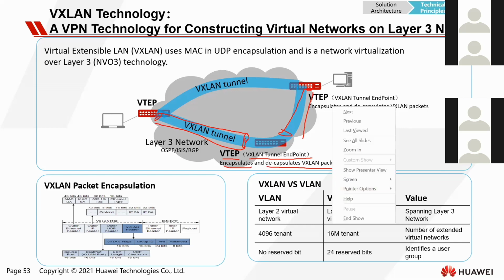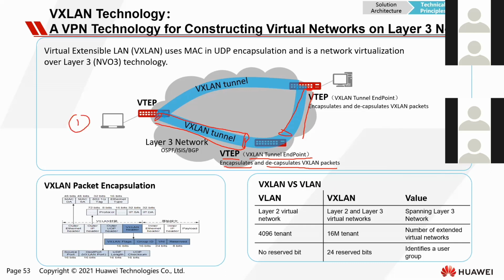For example, we have PC1 and PC2. When PC1 wants to communicate with PC2, first it will send out a data packet to switch 1.